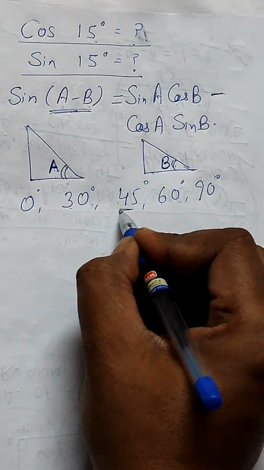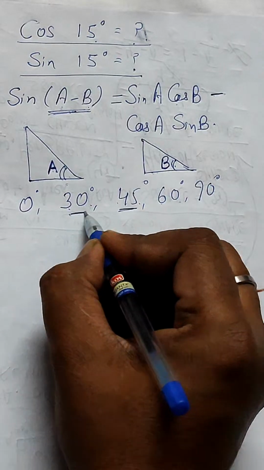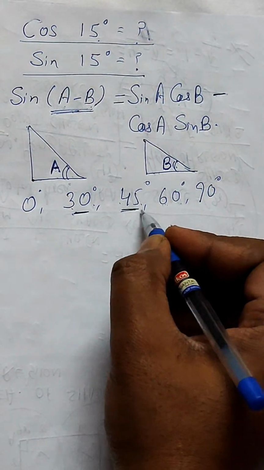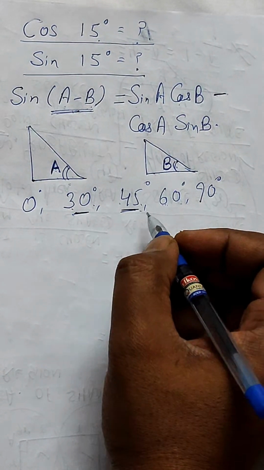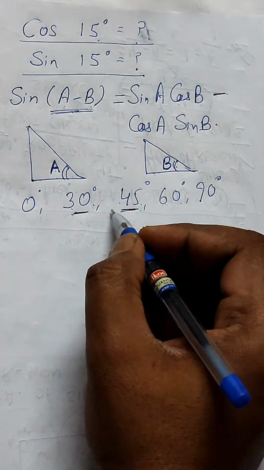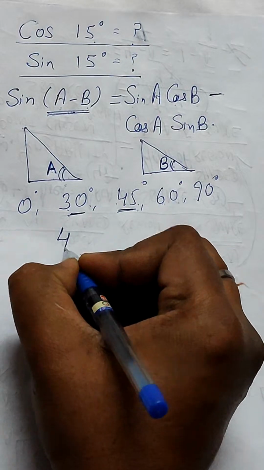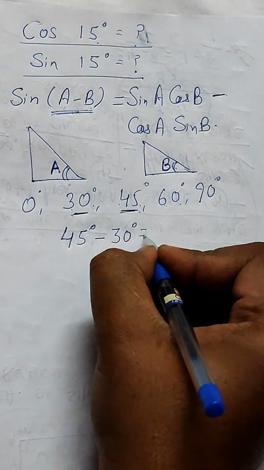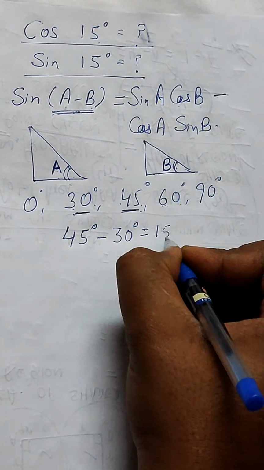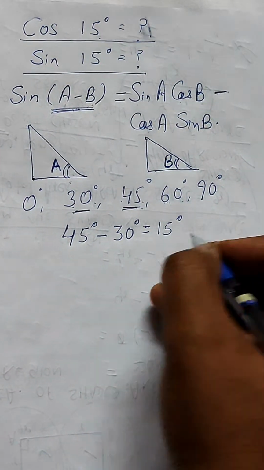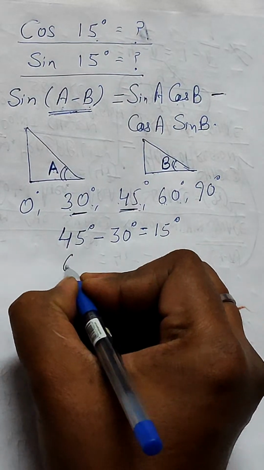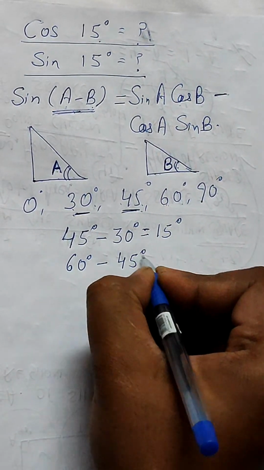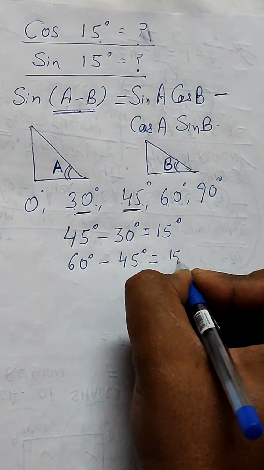If we select 45 and 30, or 60 and 45, any of the pair, then we will get that value as 15, because you can see 45 degree minus 30 degree is 15 degree, and also 60 degree minus 45 degree is also 15 degree.